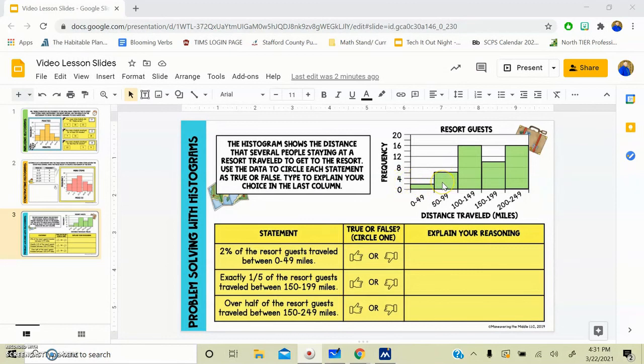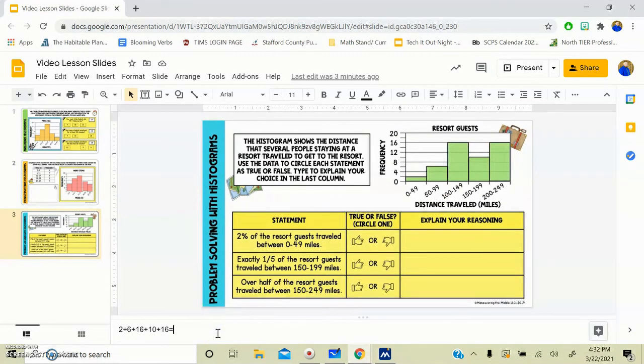Then from 50 to 99, I have 6. 100 to 149 goes all the way up to 16. 150 to 199 goes all the way up to 10. And then 200 to 249 goes all the way up to 16, my apologies. So then I want to do that math by adding it all up.